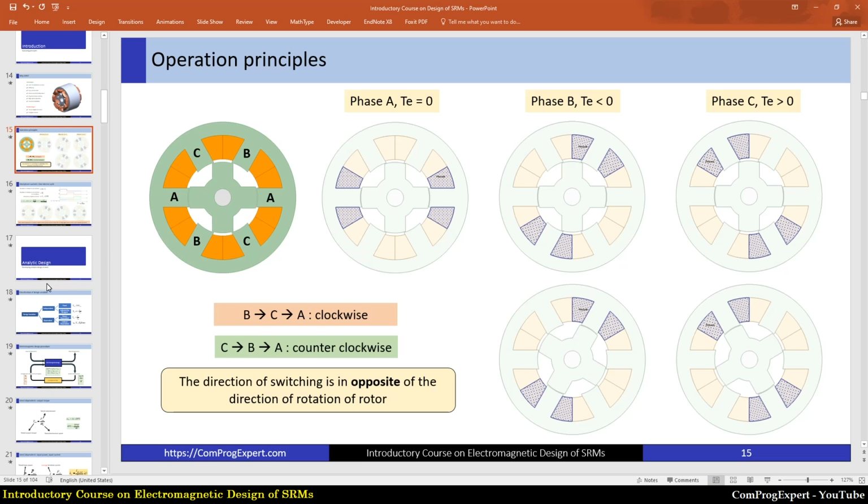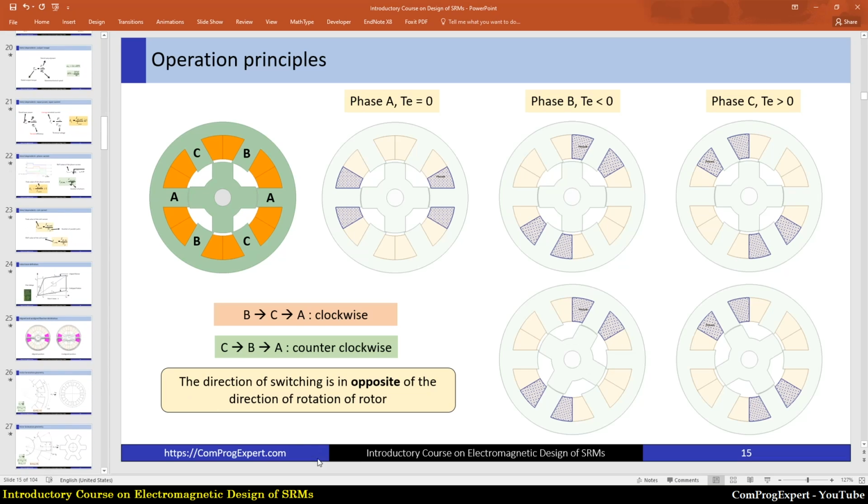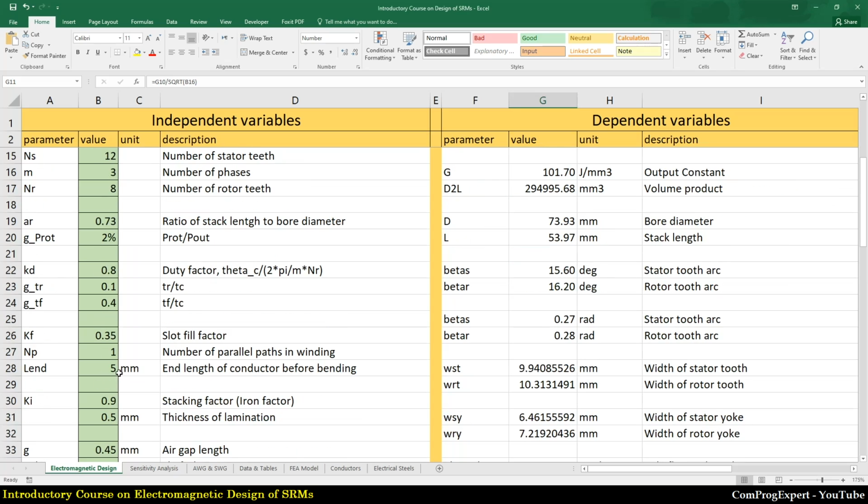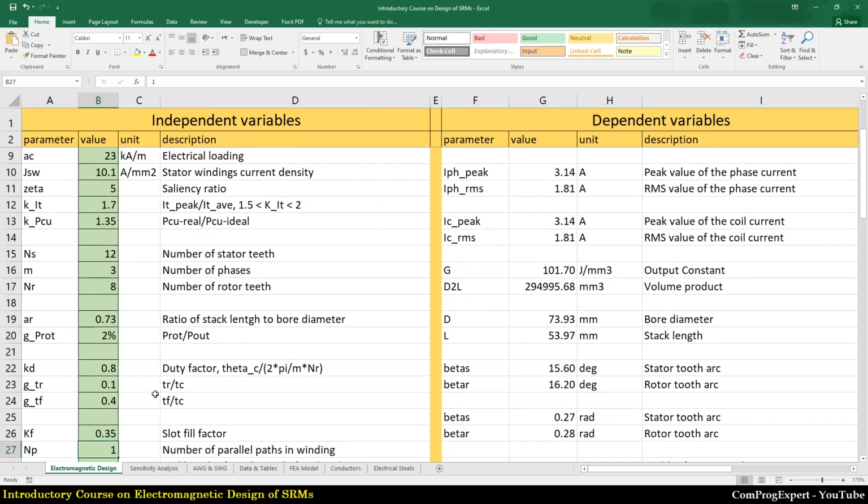Similarly for other combinations. So here is the value of NP. I want to consider 6 for NS by 4 for the number of rotor teeth, and number of phases is equal to 3.